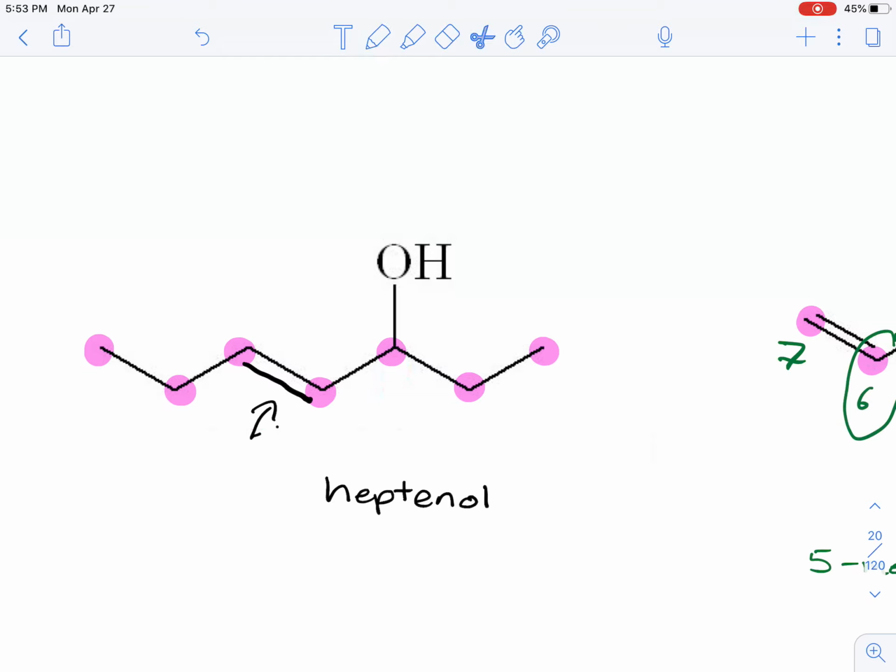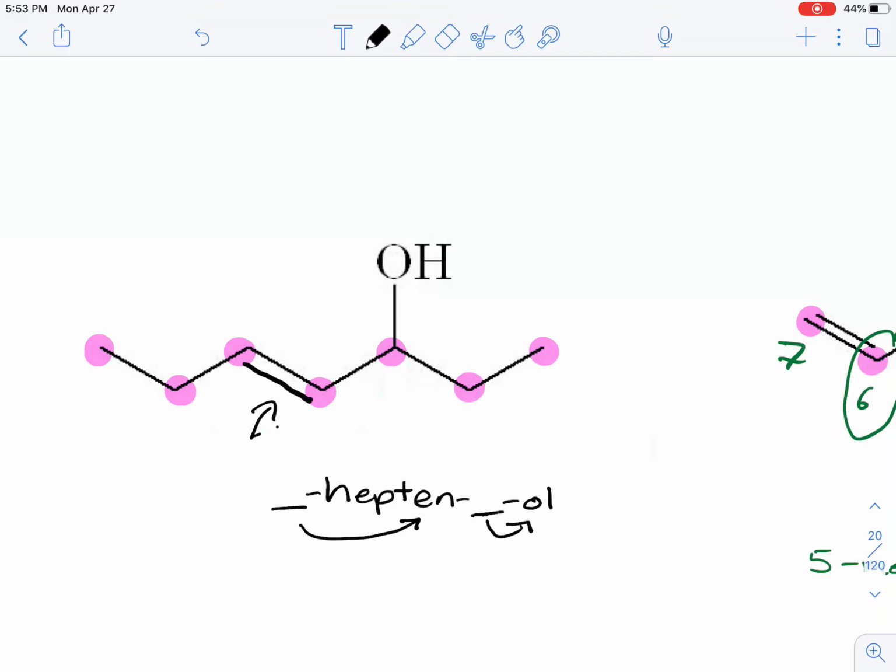And so I'm going to go ahead and separate this out. And I'm going to put a dash and a dash. And so the number that I put inside the middle is going to refer to the location of where the alcohol is. And the number that I put in front of my hept is going to indicate the carbon number of where my double bond starts.